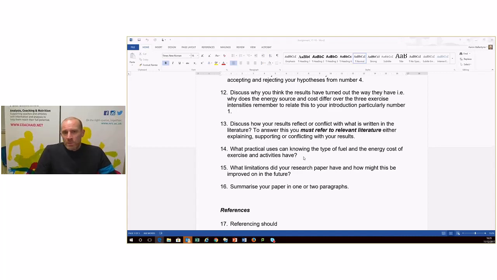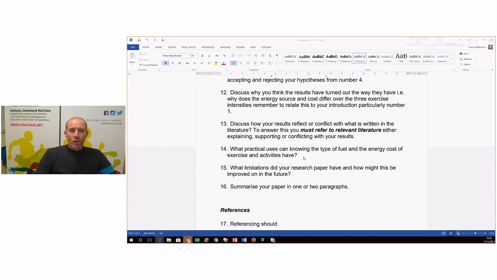All you have to do is say, Joe Bloggs, whoever it is, in his book, states that with an increase in intensity, there is a switch in the predominant fuels. This agrees with my results, I should say. So you'll find lots of that in there. So try and find a few really good pieces of supporting evidence in the literature to back up what you've said. And that links on to the previous question 12 as well.